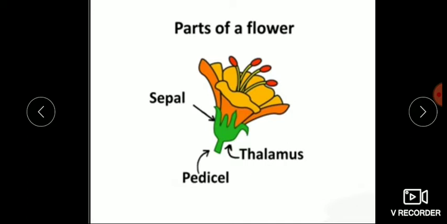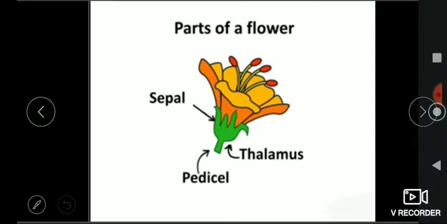Okay, so there are green leaf-like structures. You can see here green leaf-like structures which are called sepals. Sepals provide protection to the bud before it blooms.